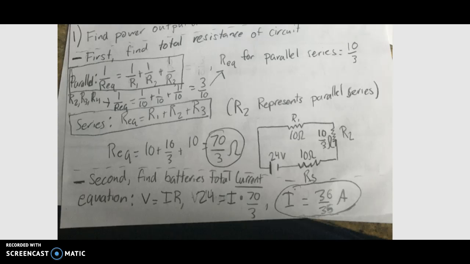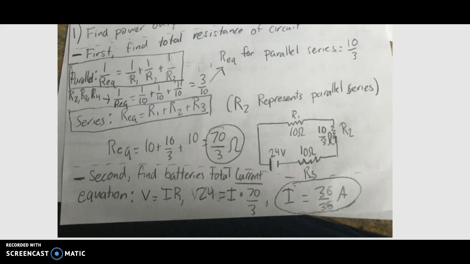So we can redraw it as you see on the right hand side with R1, R2, and R3: 10 ohms, 10 over 3 ohms, which represents the parallel section, and 10 ohms. So the total resistance for the entire circuit is 10 plus 10 over 3 plus 10, which is really 70 over 3 ohms.